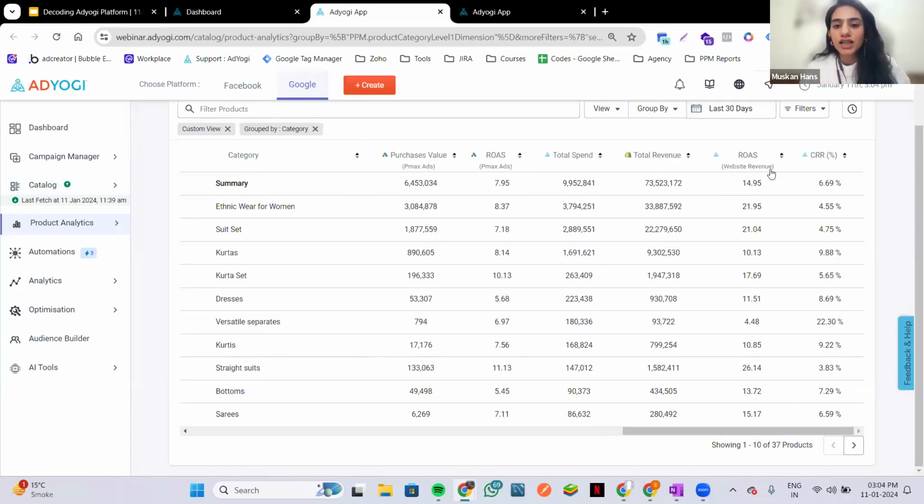Basically, ROAS from PMAX ads is your return from ad spends coming solely from your Performance Max campaigns on Google, and your ROAS from website revenue is the ratio of your website revenue divided by catalog ad spends. By catalog ad spends, I mean your PMAX ads spends plus your Meta catalog ads spends.